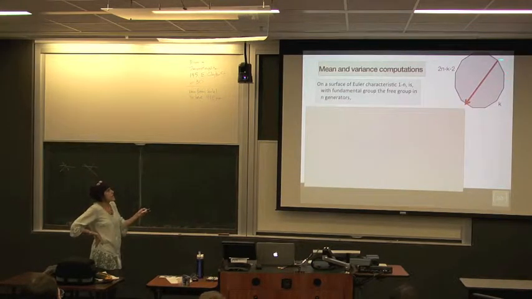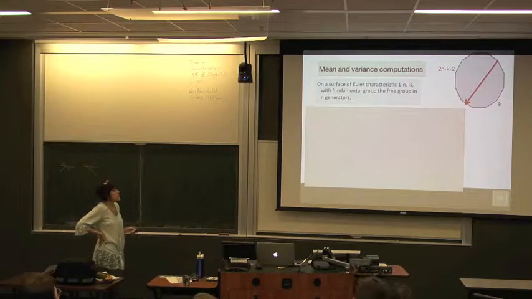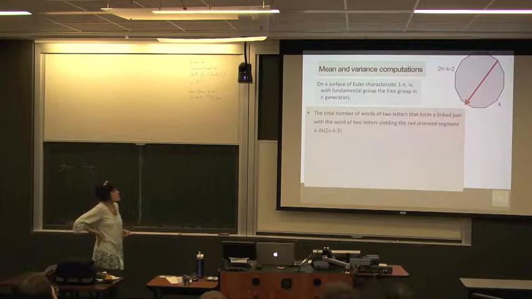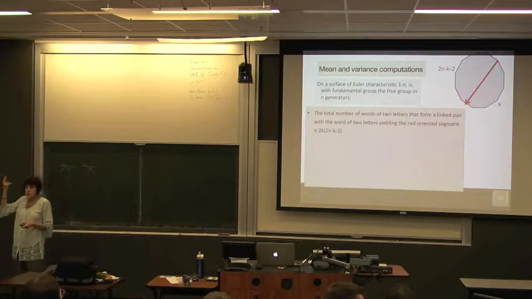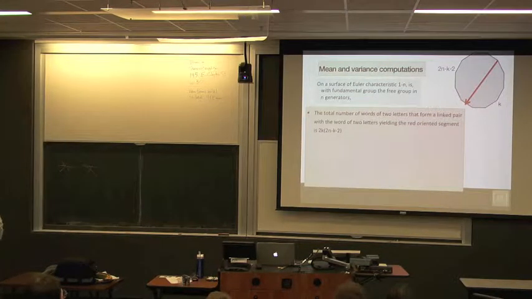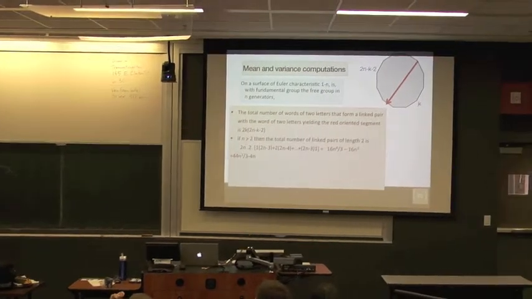Here I have k labeled edges, and 2n minus k minus 2 edges that are not labeled. So let's count the pairs of subwords of two letters that are going to have a crossing with this one. I have to go from here to here, and from here to here, so I have 2k times (n minus 2).